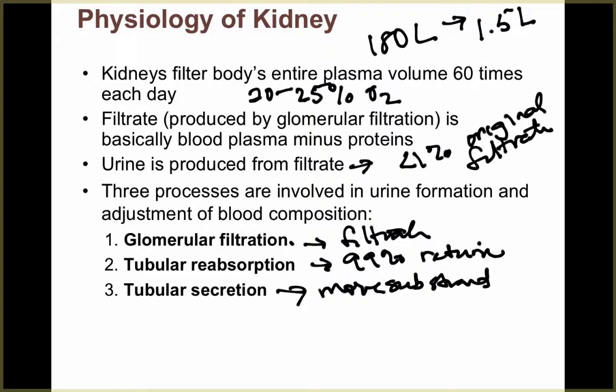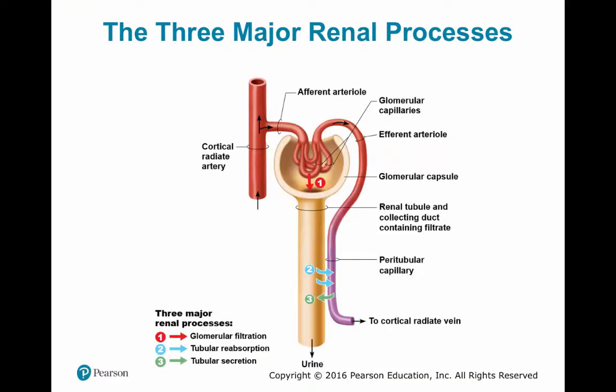And so let's talk about the major processes here. Here we're going to talk about glomerular filtration. If you look at this picture, it shows you all three of the processes.